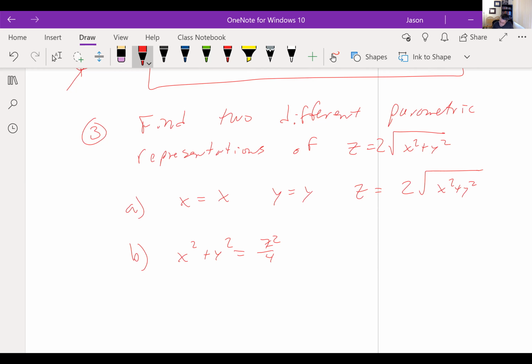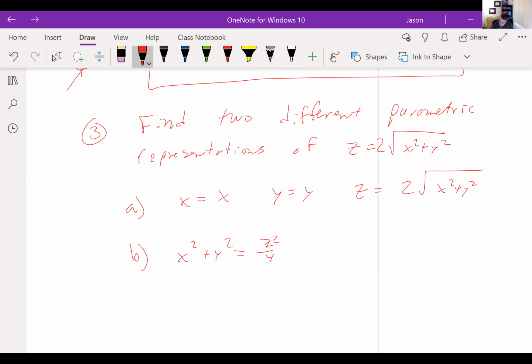Okay, so we've got this angle, theta. So x is x, and y is going to be f of x, and then where are we on that? Yeah, y is dependent upon theta, and z is also dependent on theta.